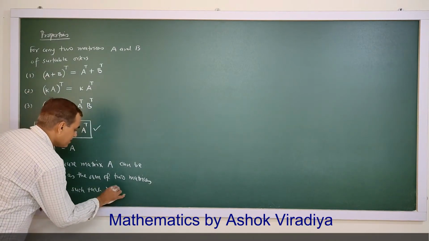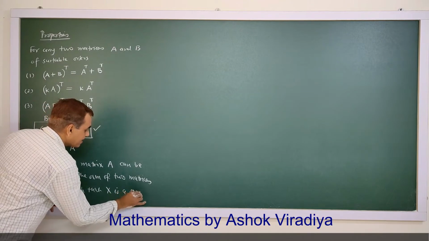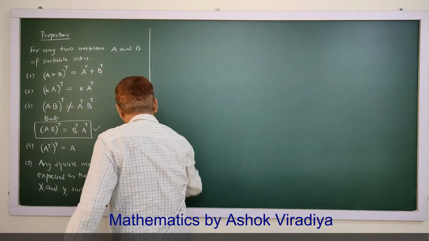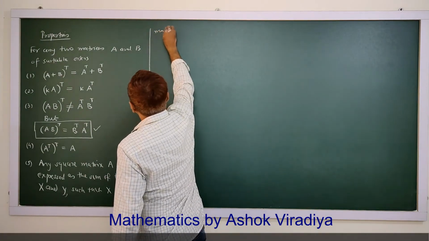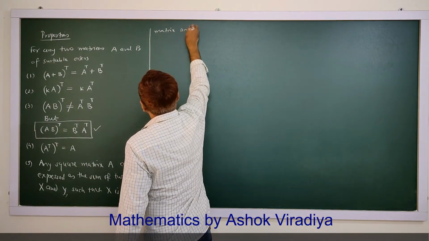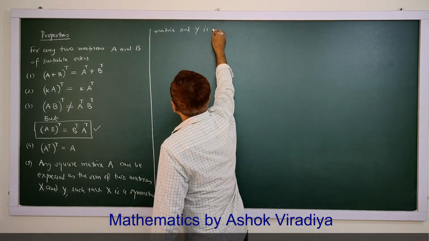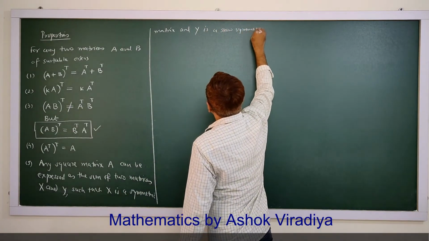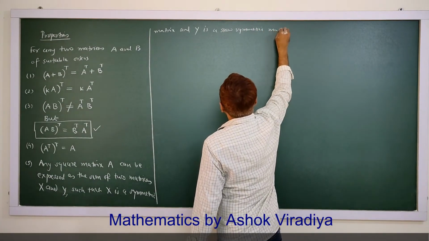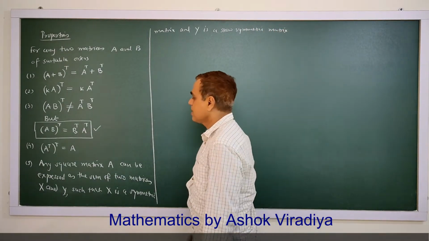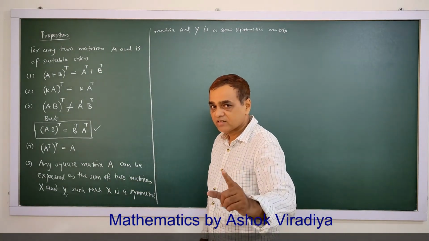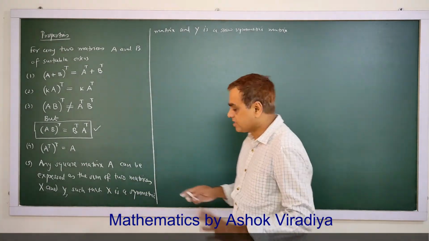X is a symmetric matrix and y is a skew symmetric matrix. Any matrix A can be expressed as the sum of two matrices.